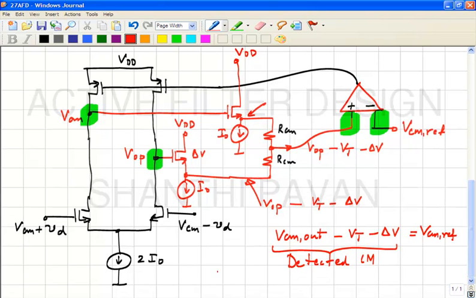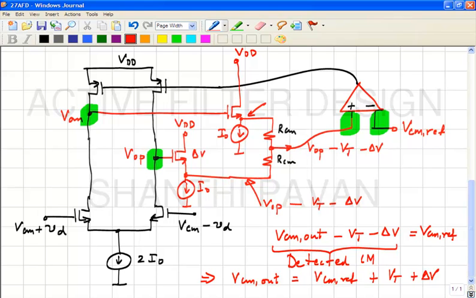So, what do you do now? So, what is the common mode output actually? It is VCM ref plus Vt plus delta V. Correct? Okay.